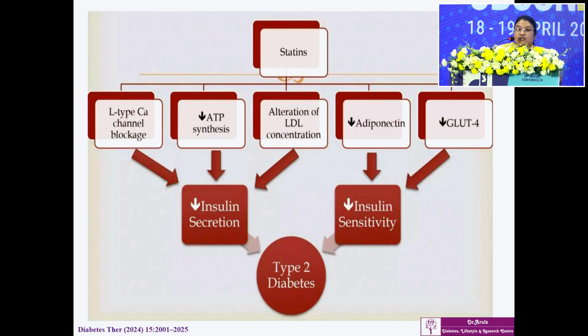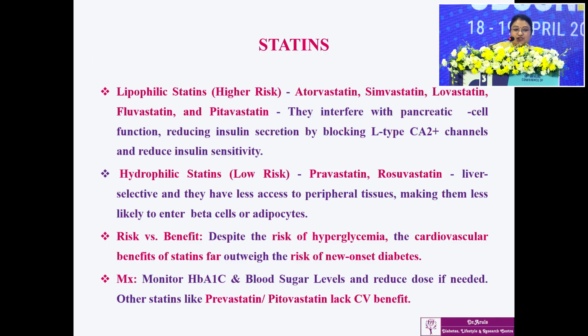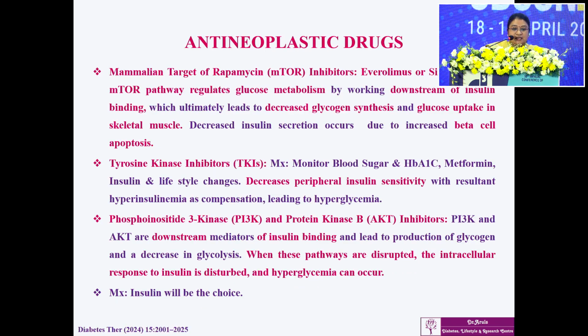All of these lead to the development of type 2 diabetes. As we know, we have lipophilic statins and hydrophilic statins. Lipophilic statins have a higher risk compared to hydrophilic statins. But weighing the risk versus the cardiovascular benefits of statins, we continue the drug and give good glycemic control with OHAs or insulin.